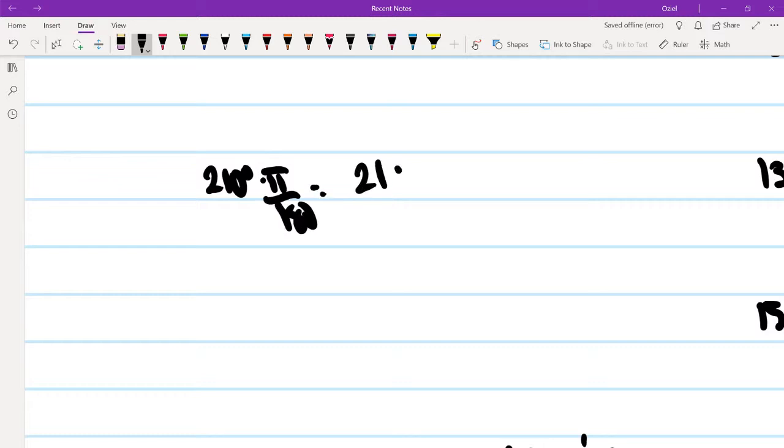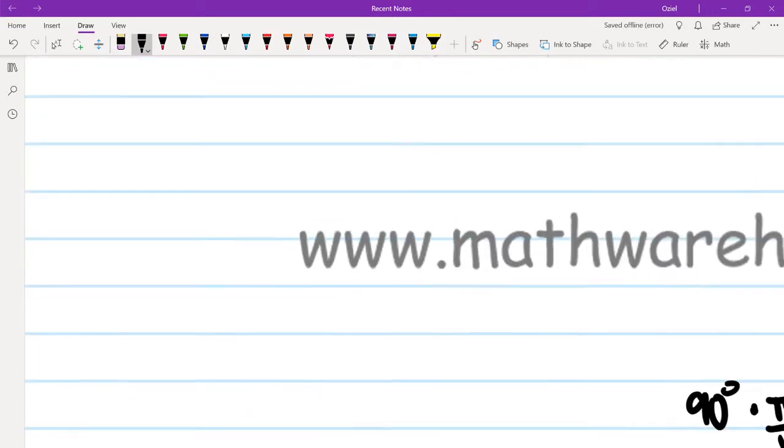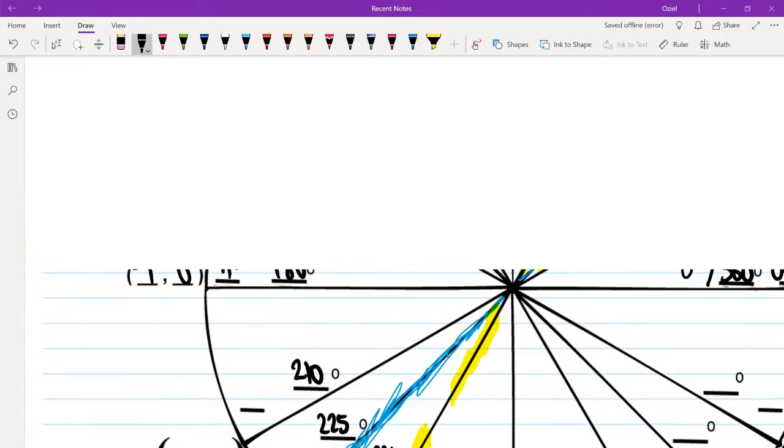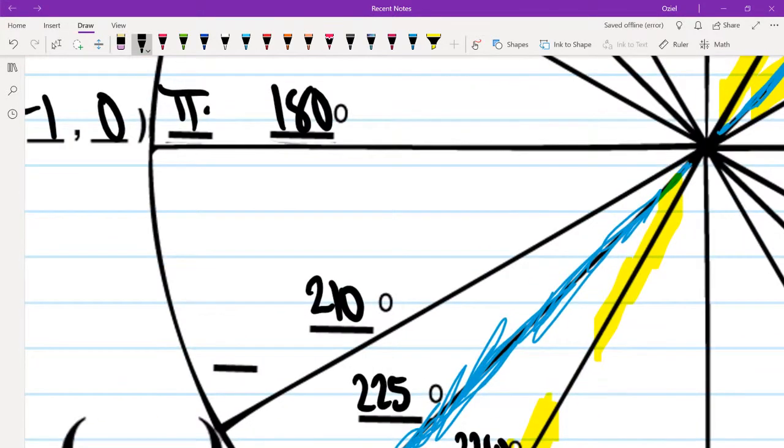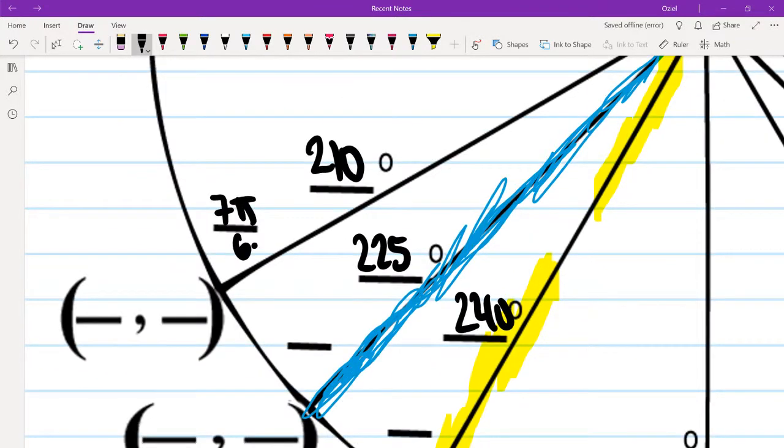And then you have 210, so you would convert 210 to radians, and you would get 21 pi over 18. If you simplify that, you get 7 pi over 6. So right here you would put 7 pi over 6.